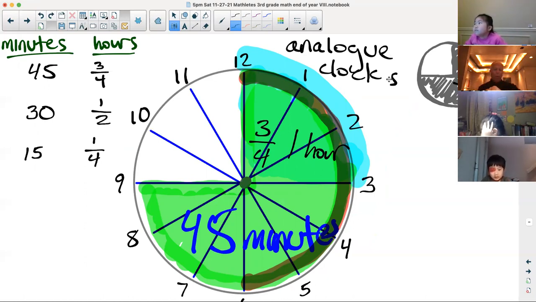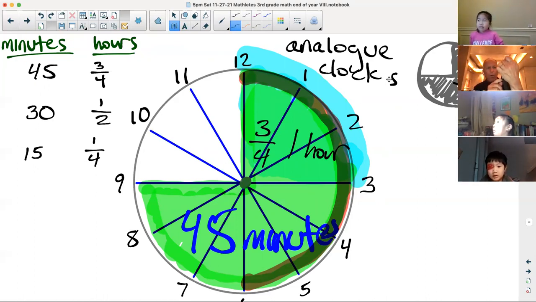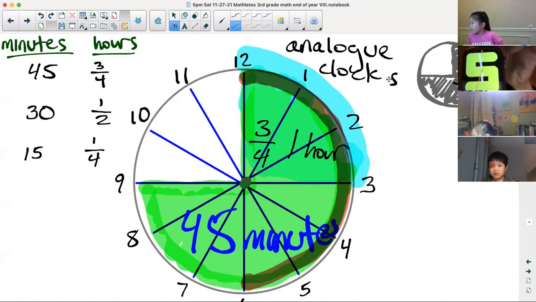Like on my watch right now, this is called a digital watch. But let me see if I can get analog. This is analog. So there's a second hand. It's a little hard to read. This one is analog, but that's really hard to read.